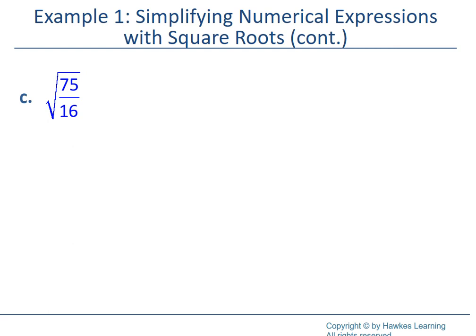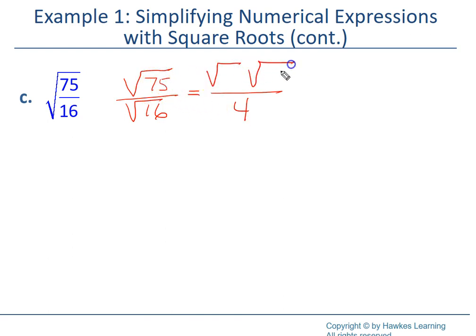Now, for something like this, and again, you're writing these in your notes. This is example 1, part C. We can put this under its own radical sign, and this under its own radical sign. Now, we know this one already is going to be a 4. But here we want to divide it into those that are perfect square factor, largest one, under this radical sign, and whatever's left.